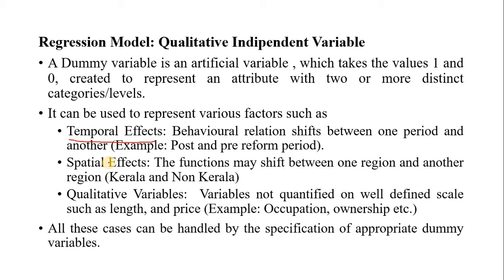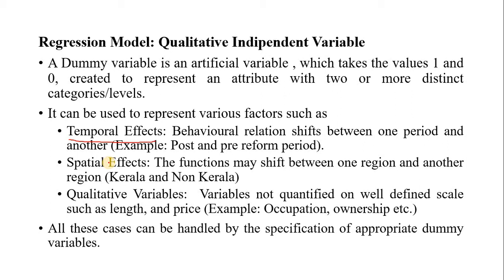For example, if you take the investment and GDP relationship in India, you can see there is a shift in 1991, and this shift happened because of policy changes. We adopted more liberalized policies in 1991, what we call the new economic policies. Due to these, India invited foreign investment, and the relationship between investment and GDP has strengthened much more after 1991.